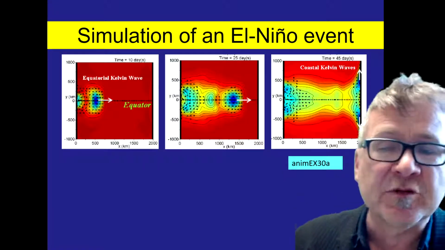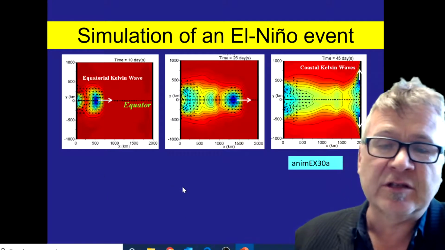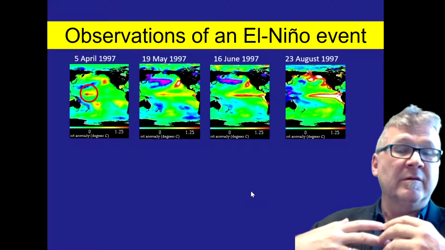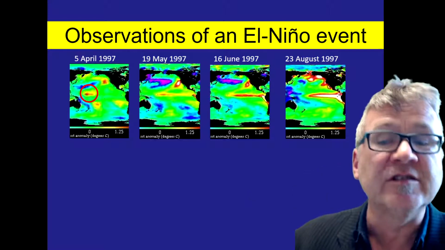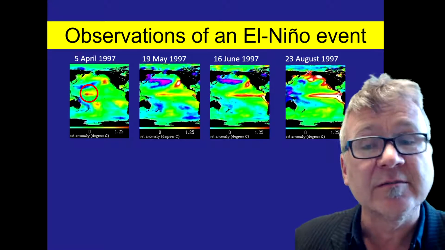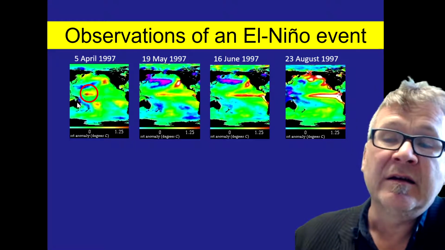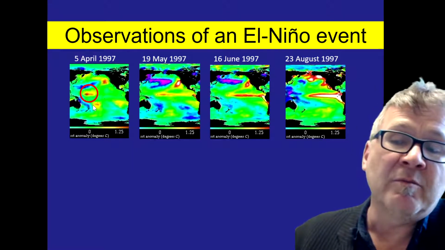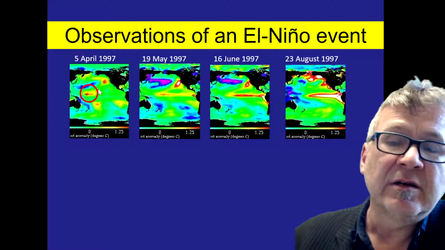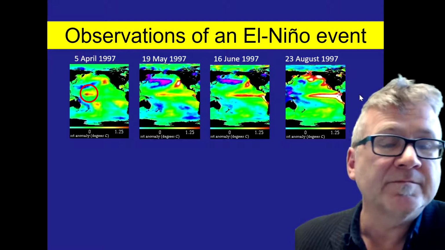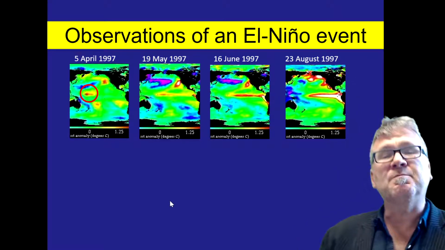So these are the snapshots from the model simulation I just showed you, and on the next slide you show the signature of sea surface temperature anomalies, variations, and you see them here developing in the western parts of the Pacific Ocean and propagating over to the east. So that's pretty much it.